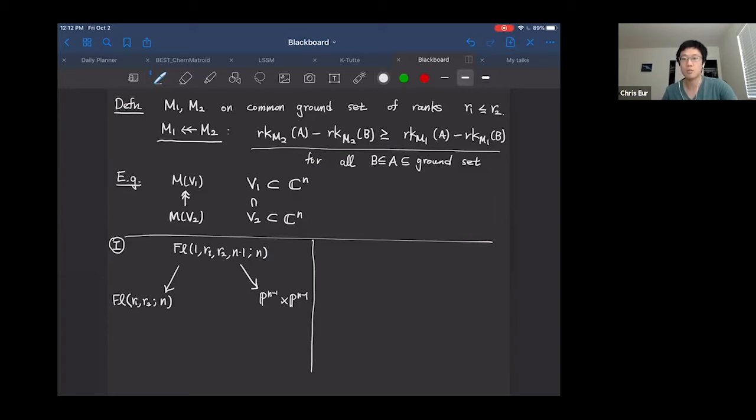I think I saw a question in the chat. For graphs, what is this quotient notion? Let's see. It's a little bit tricky because a quotient of a graphic matroid may not be graphic. So it's a little bit harder to see.